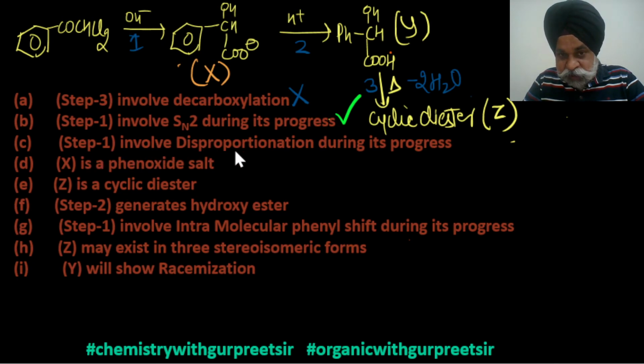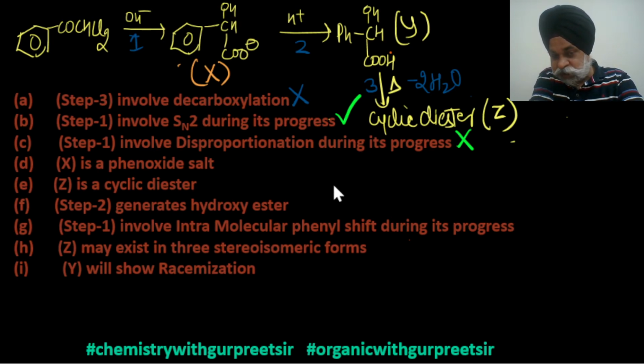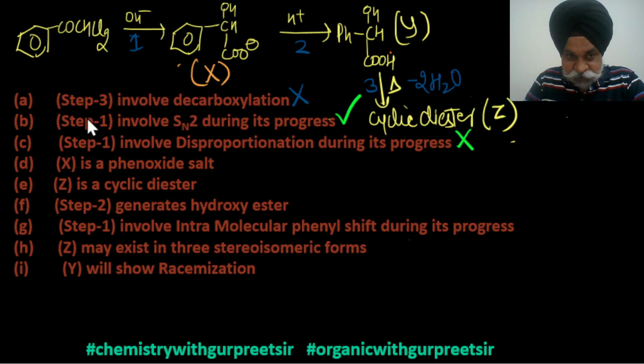Step 1 involves disproportionation. This in a way is wrong. It is not disproportionation; although it is a redox reaction, it would not be called disproportionation, because during a disproportionation reaction, the same element is being oxidized and reduced, but that same element must be in the same oxidation state. And X is a phenoxide salt. This also is a wrong statement.